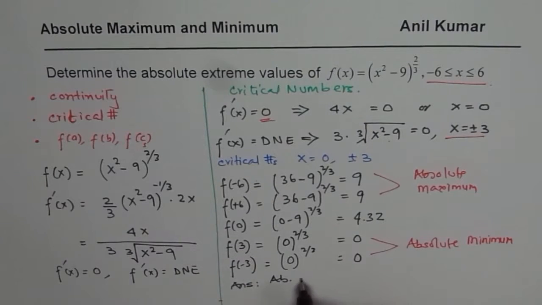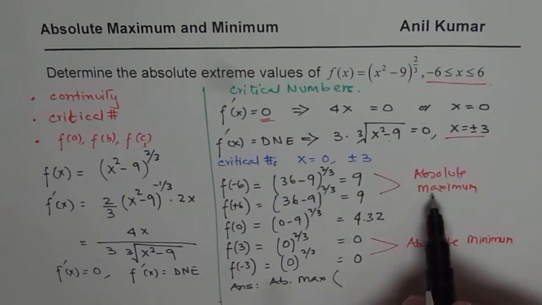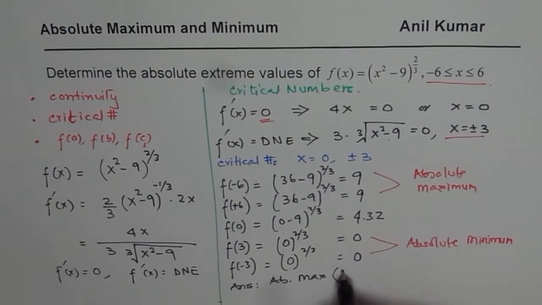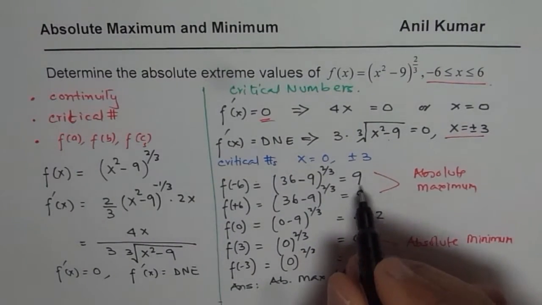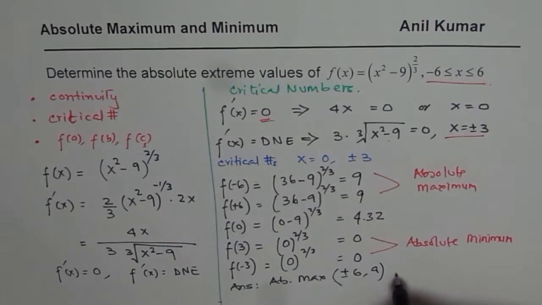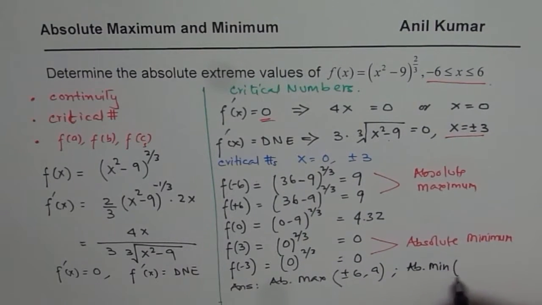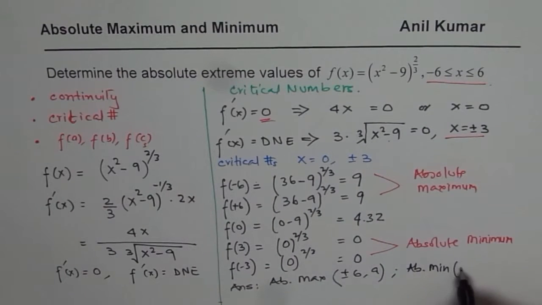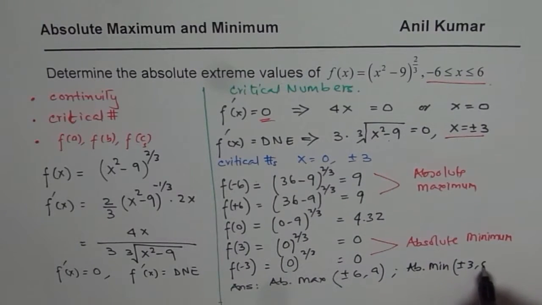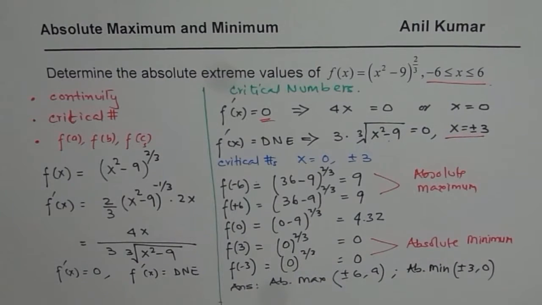Absolute maximum is at plus minus 6, and the value is 9. And for absolute minimum, it is at plus minus 3, and the value is 0. So these are the answers for this.